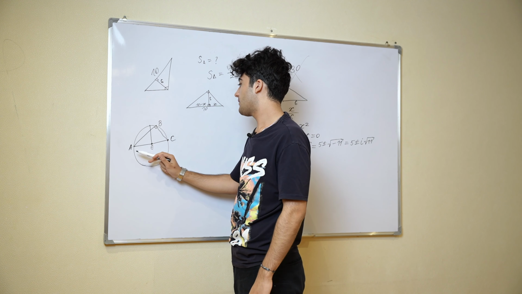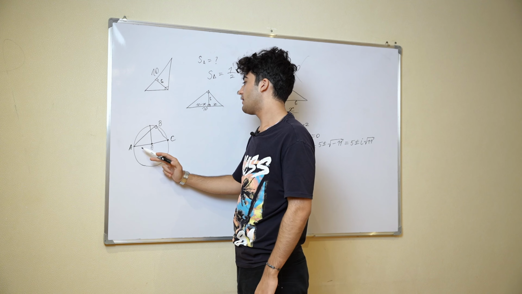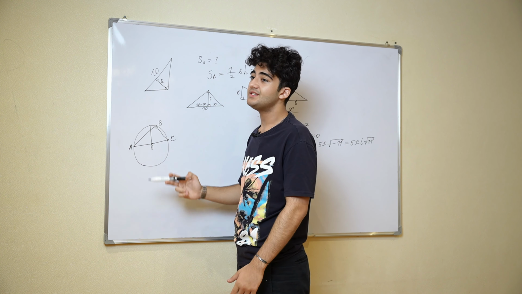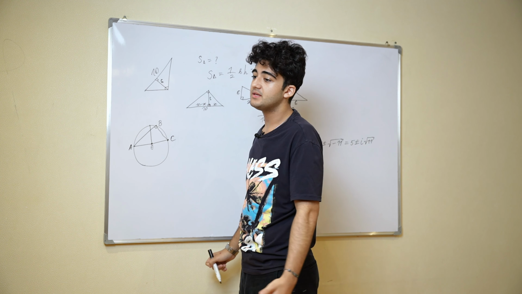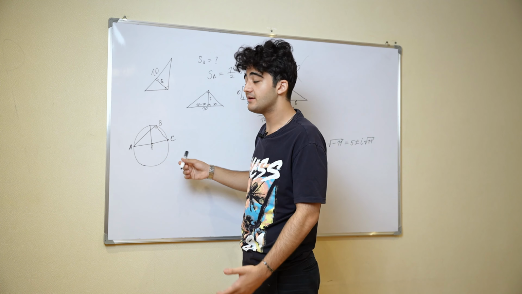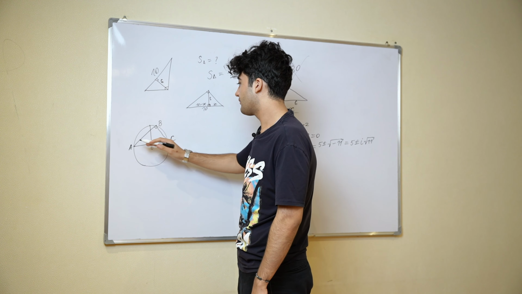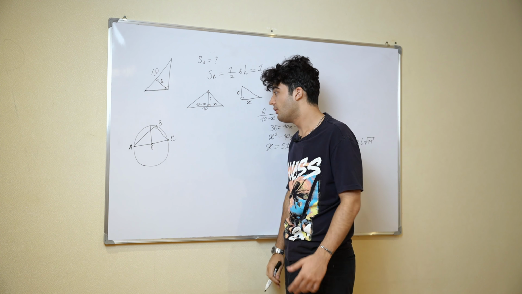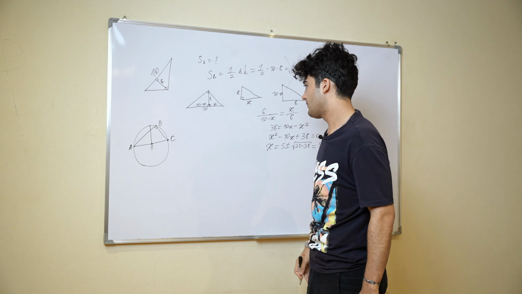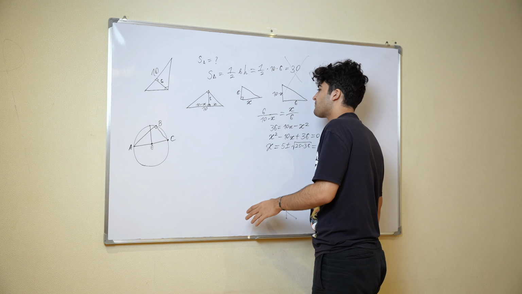That means AO divided by AC is equal to 1/2. That means this is indeed a radius, and OA, OC, and OB are equal. So there's nothing wrong with that.